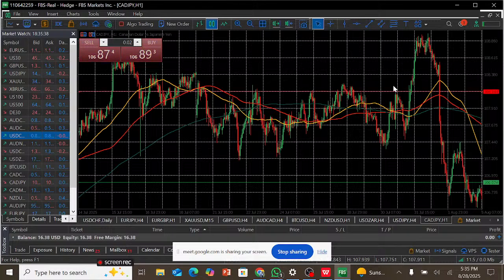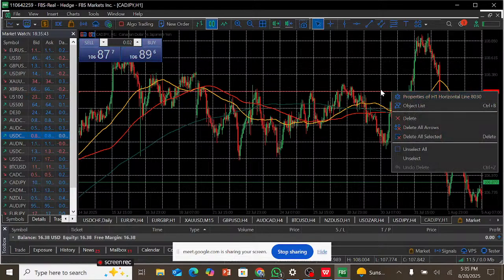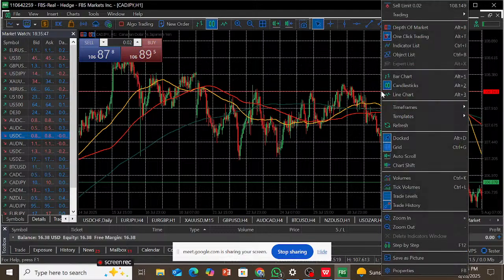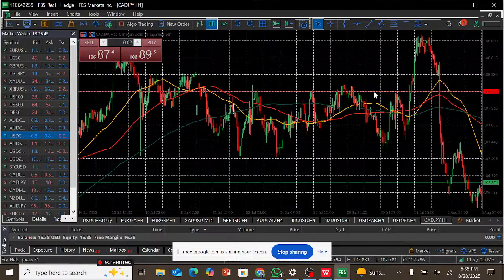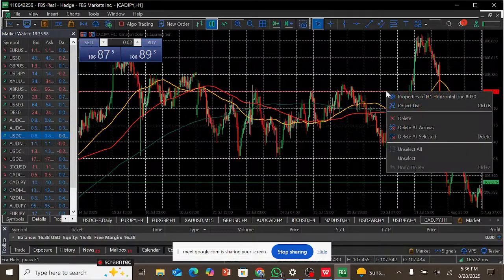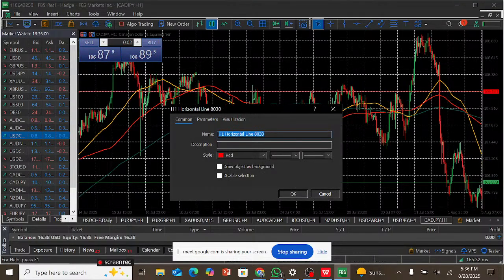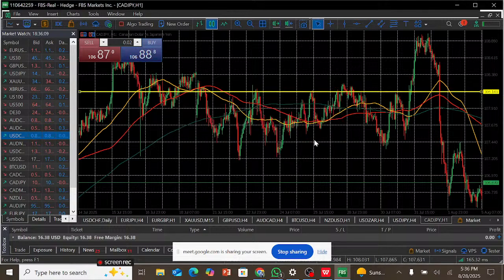For example, let me show you the interval. I don't know if you are able to see the red line. Do you see the red line? It's too small. Let me change it. Now you see it.